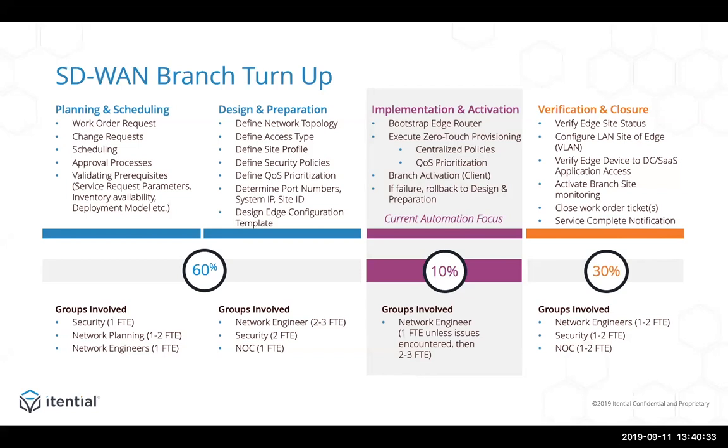When we sit down and start to map out these processes, it's obvious that we need a network engineer that understands SD-WAN to help with the deployment. But when we start to think about the number of people involved, sometimes there's a note to the NOC or the SOC that we're going to do something. There's a lot of integration with IT systems. Sometimes security people have to approve the types of resources or groups or access that a branch may have.